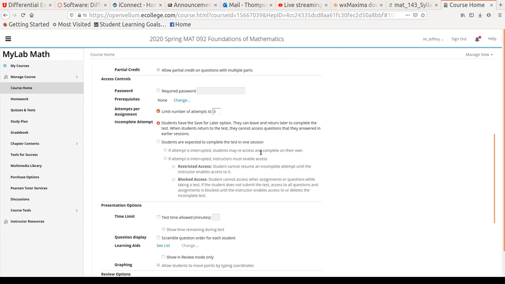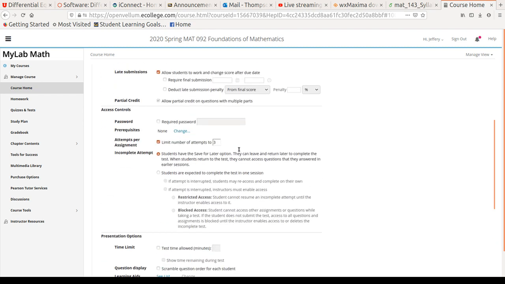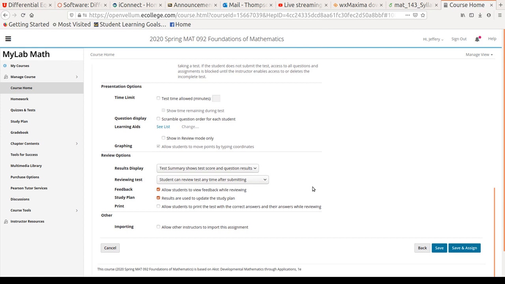So the idea is once you start taking it, try to take it in one go. But if you're having computer issues or something, I understand, and so I wanted to put the save option in there. I gave 3 attempts on the exam because this is new. I don't want the format to be the thing that ticks you off. I want to see your knowledge on it. So that's how I have set that up.